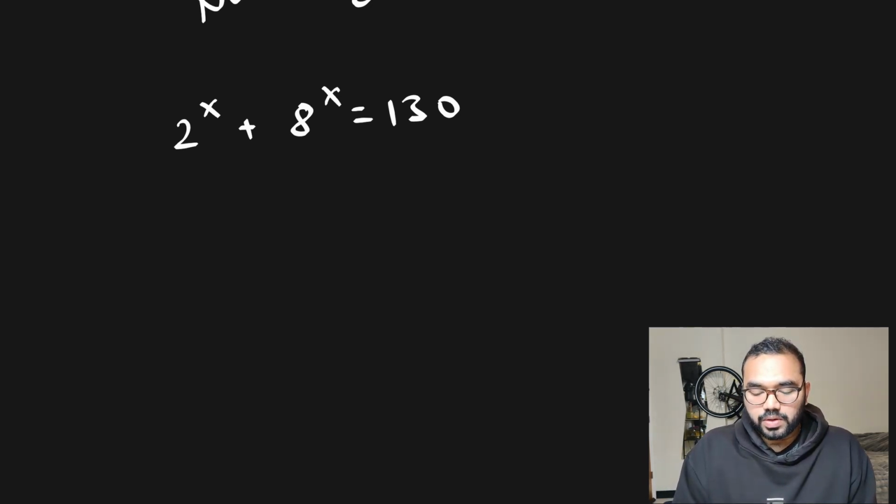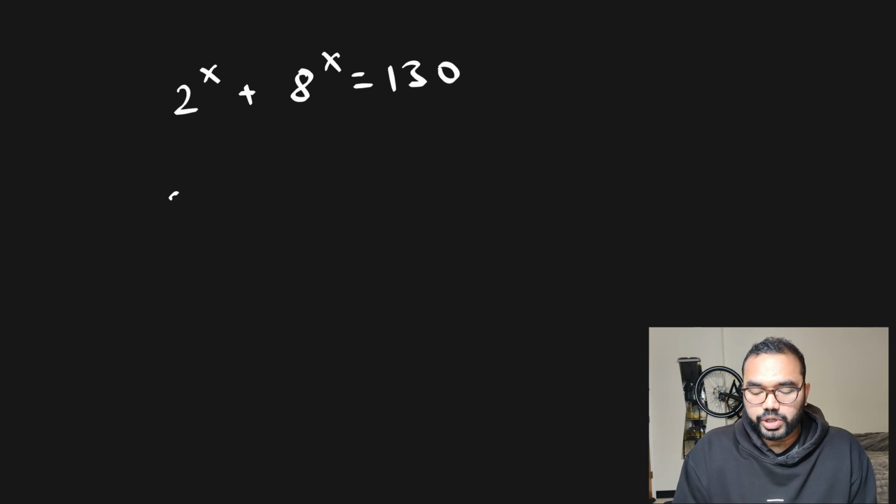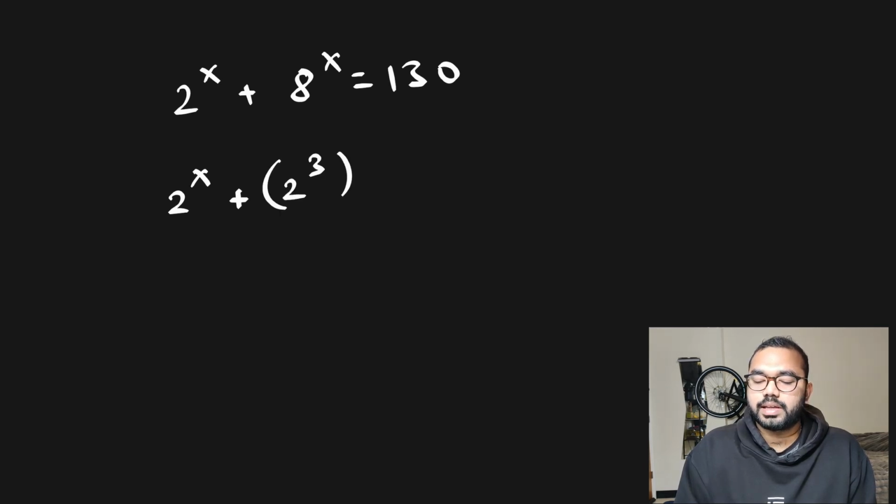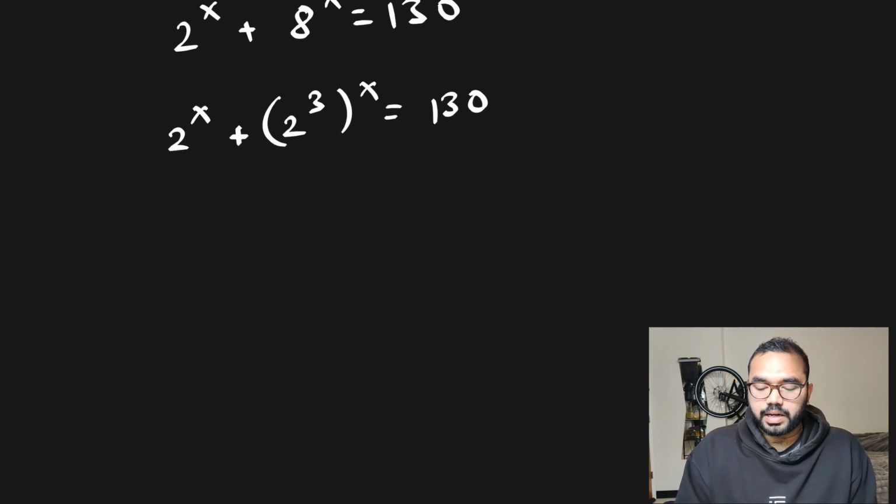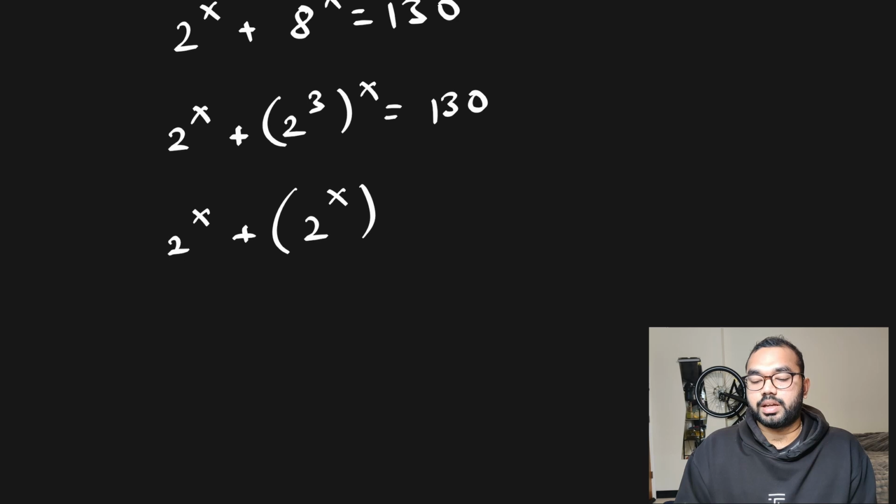So writing 8 as 2 cubed, 2 to the power of x plus (2 cubed) whole to the power of x is 130. And now I can rewrite this (2 to the power of 3) whole to the power of x by bringing x inside and the 3 outside: (2 to the power of x) whole cubed is 130.